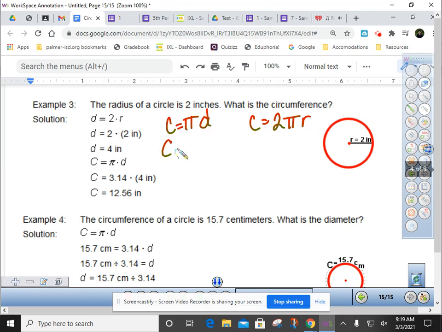So for example, what's the diameter? 4. Or if I did this, it would be two times what? 2, and two times two is 4. So you see that you would get the same thing? Yes. And you can do that however you want.